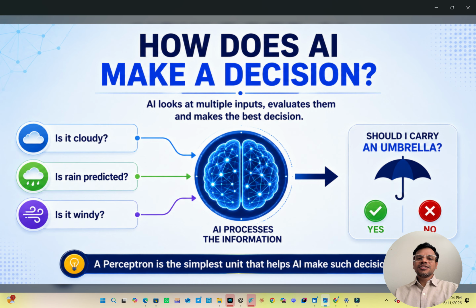Although it feels natural to us, this is actually a decision-making process. AI systems work in a similar way. They receive multiple pieces of information, evaluate their importance, combine them together, and then produce an output. So the simplest unit capable of performing this process is called the perceptron. You can think of a perceptron as the smallest decision maker inside an AI system.